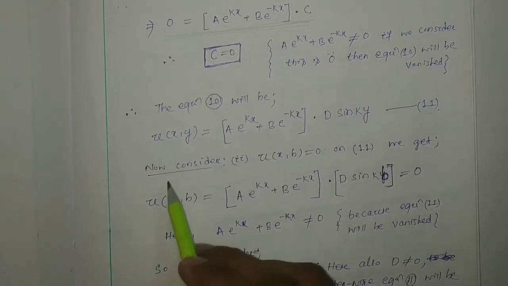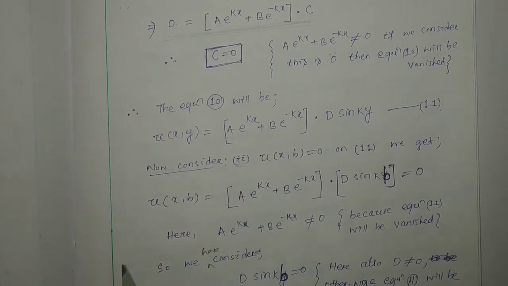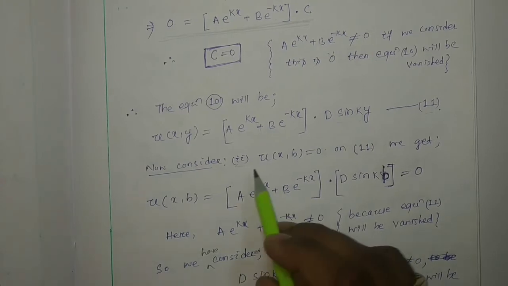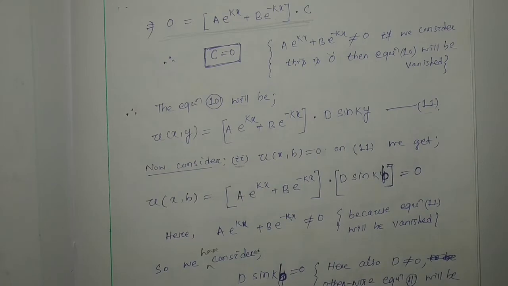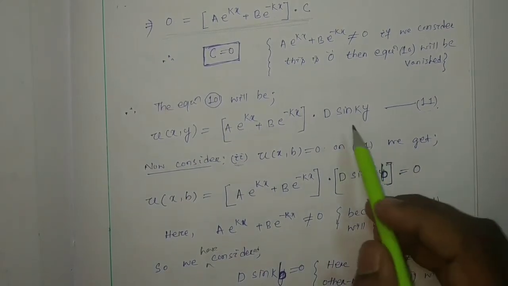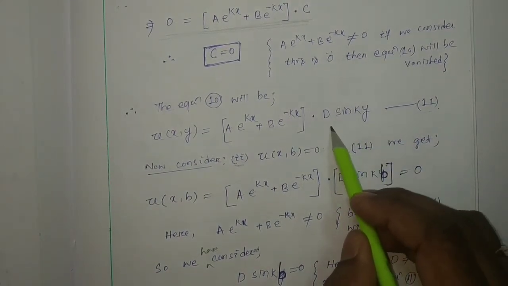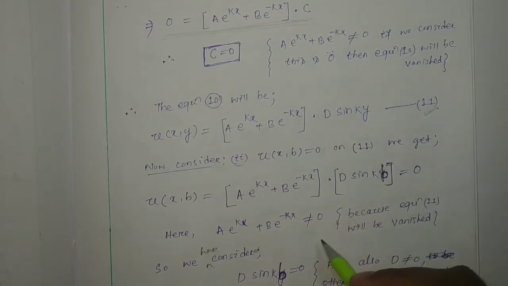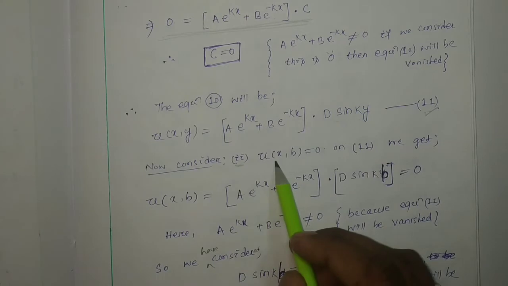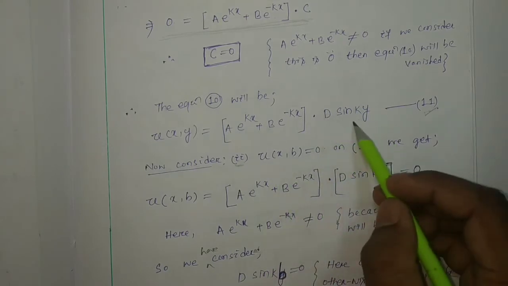Now we have to consider boundary condition 2. The boundary condition 2 has been given that u(x,b) equal to 0. So here the recent final general solution is our equation number 11, and the second boundary condition is going to be applied on this one, right?